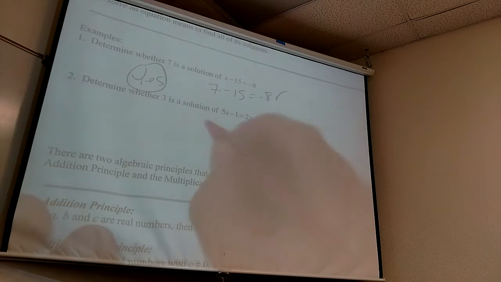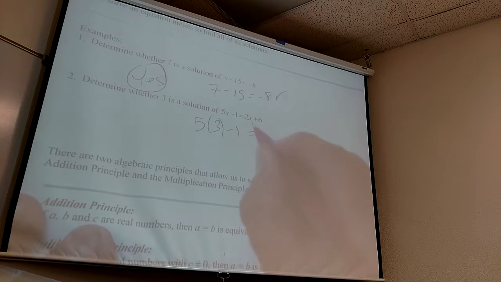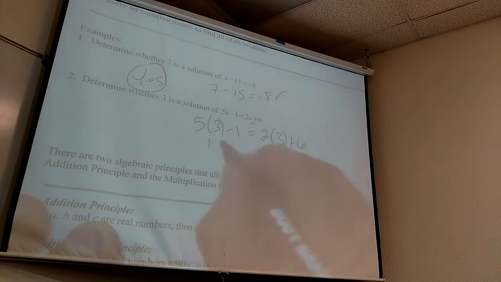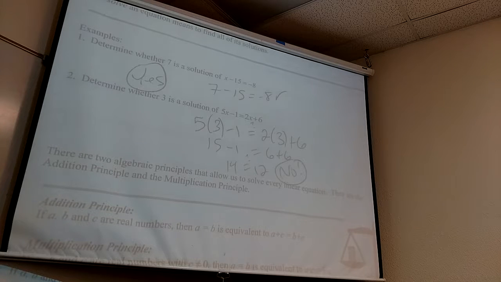If I plug a 3 in here, 5 times 3 minus 1. A lot of times you put a little question mark when you check it. Equals 2 times 3 plus 6. 15 minus 1, is that 6 plus 6? Is 14 equal to 12? No. Therefore, 3 is not a value that makes that equation true.